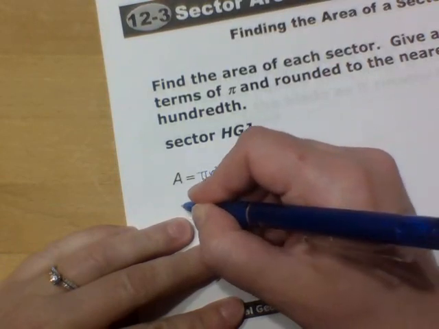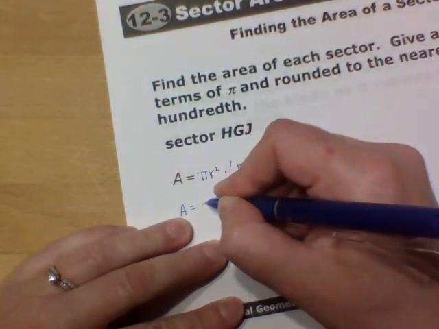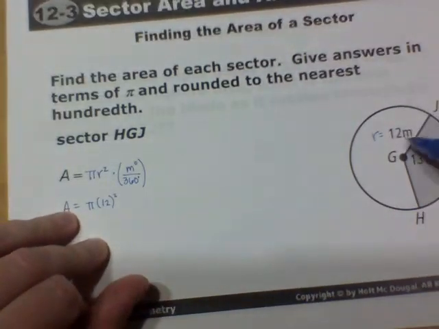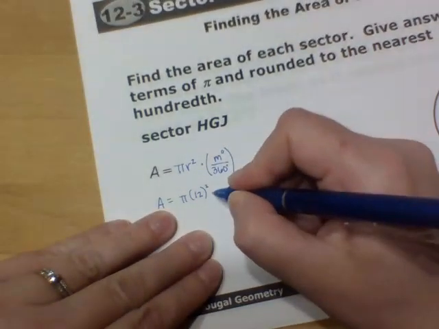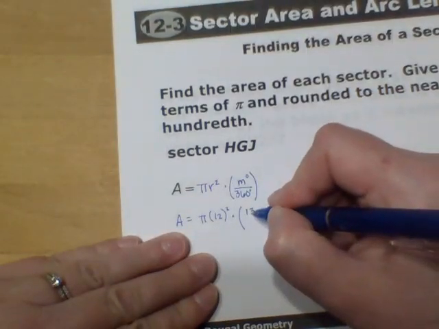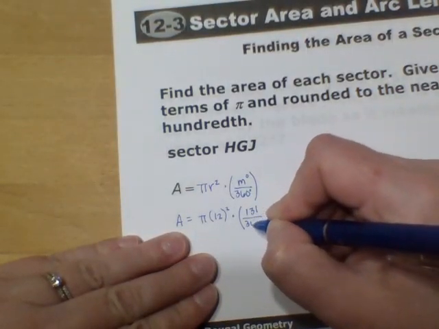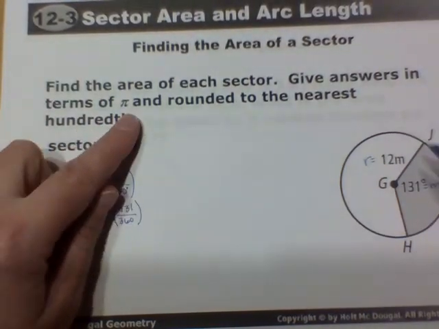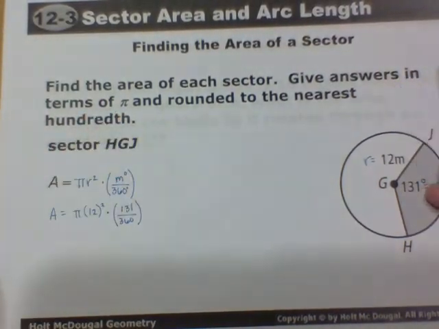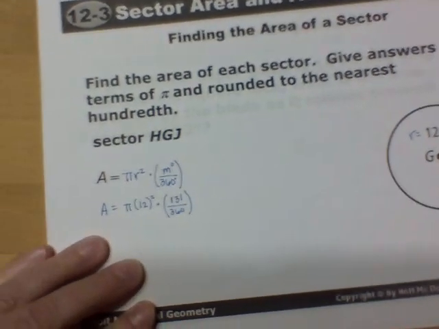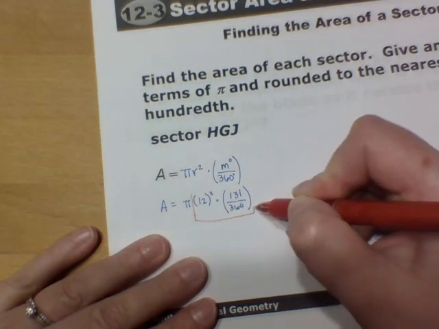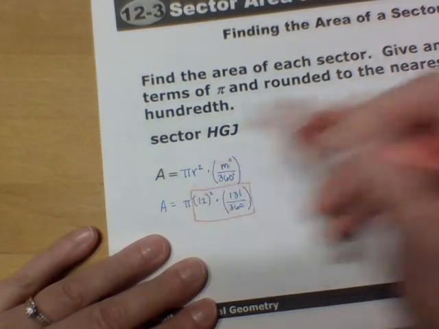So the area is going to be pi times 12 squared, because 12 is our radius. And then we're going to multiply that by 131 as a central angle over 360. So again, notice that they want you to give your answer in terms of pi, which means that technically we're just going to find this answer and stick a pi on the end of it.